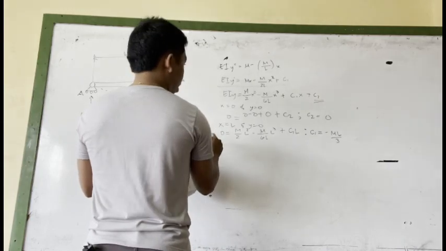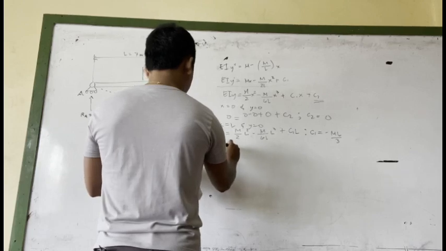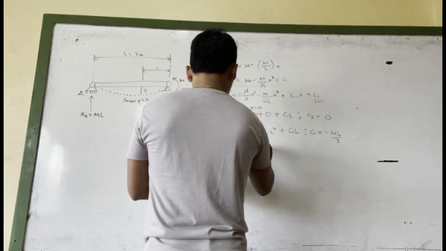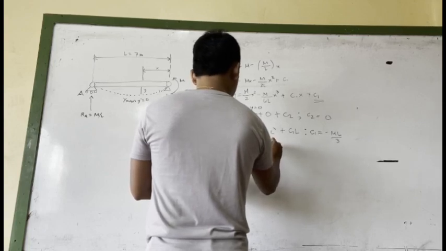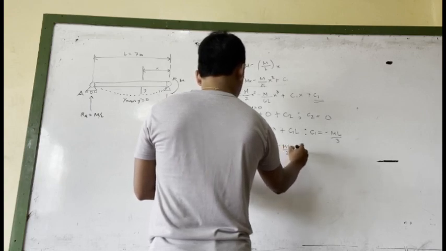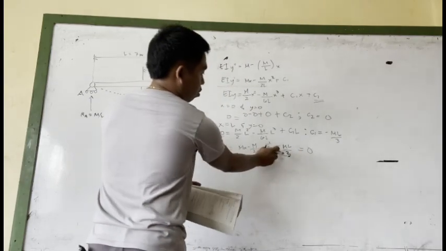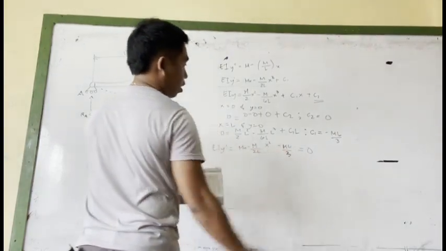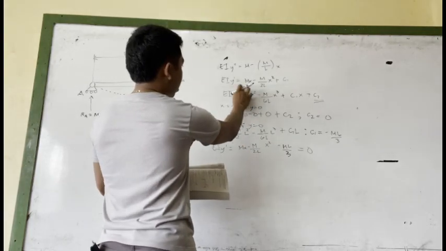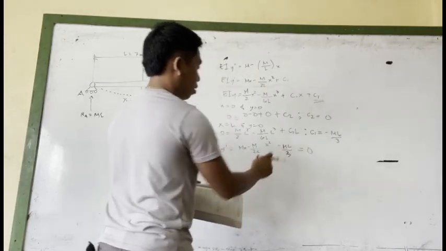So EI y prime equals Mx minus M over 2L x squared minus ML over 3, equals 0. As you notice, there is minus ML over 3 in here, which is the value of our C1, since in our second equation, the integration, there is a C1. So this is the value substitution for C1.